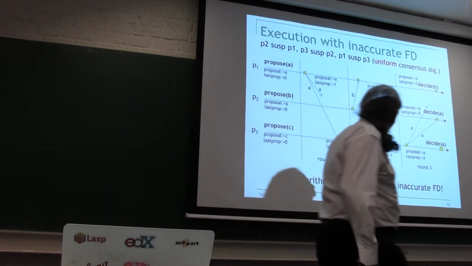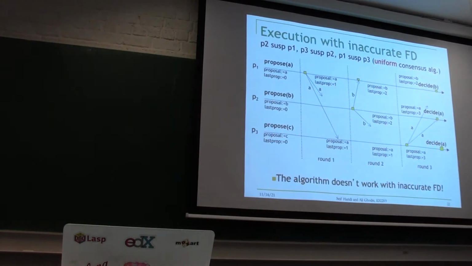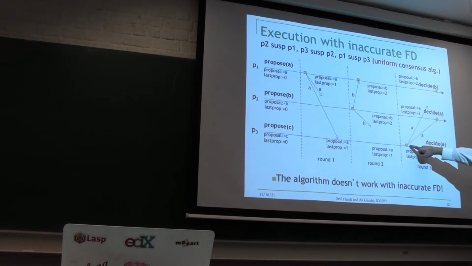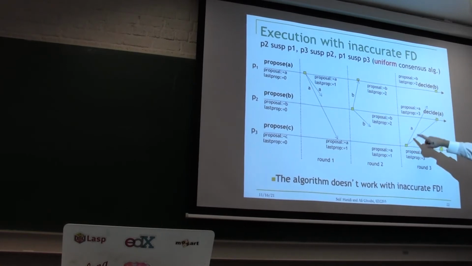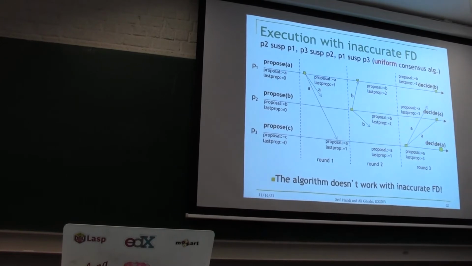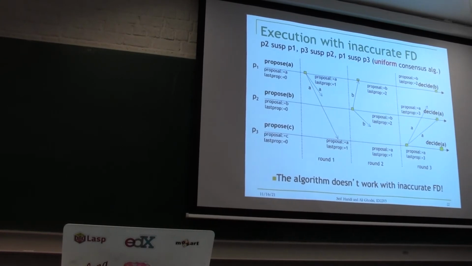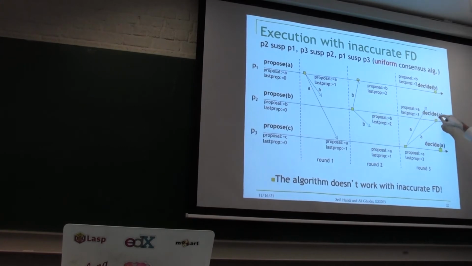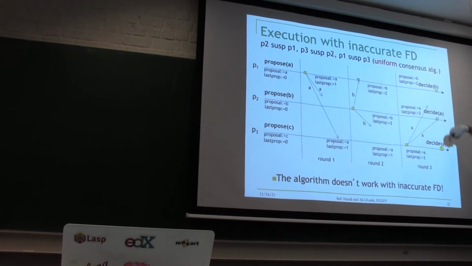So P1 will actually decide B. But if you look at round 3, P1 suspects P3, so the A will not come into P1, but the A will arrive at P2. So you will still have different decisions.